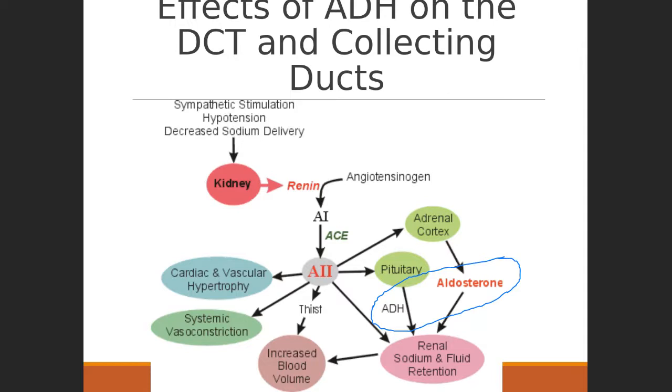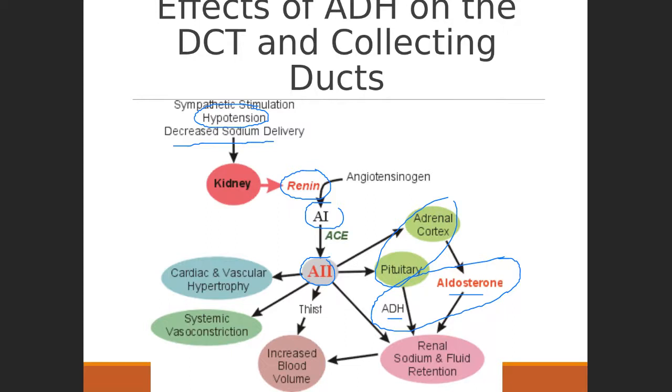So if we see a hypotension, for example, or a decrease in sodium getting filtered at our glomerulus, our tubuloglomerular feedback is going to secrete renin, which ultimately increases production of angiotensin 1, increases production of angiotensin 2, causing our adrenal cortex and our pituitary to secrete ADH and aldosterone.